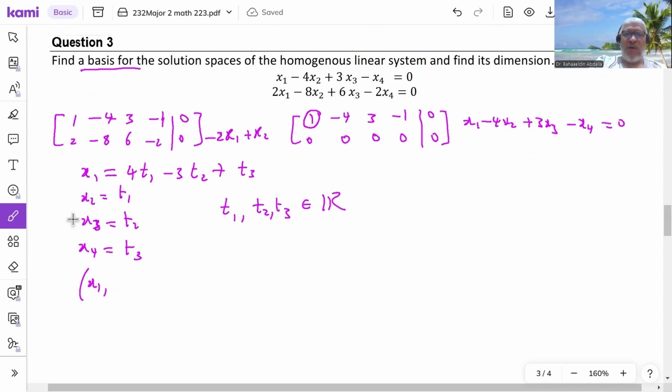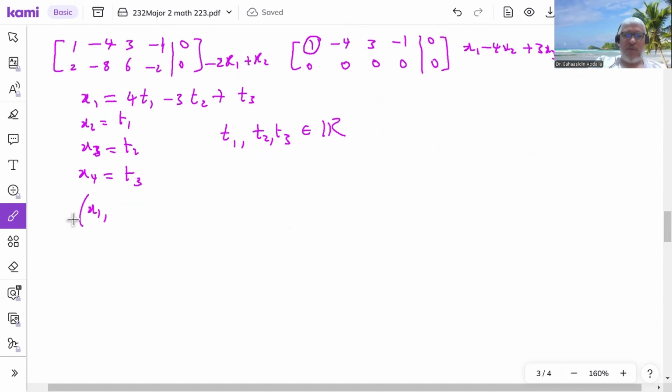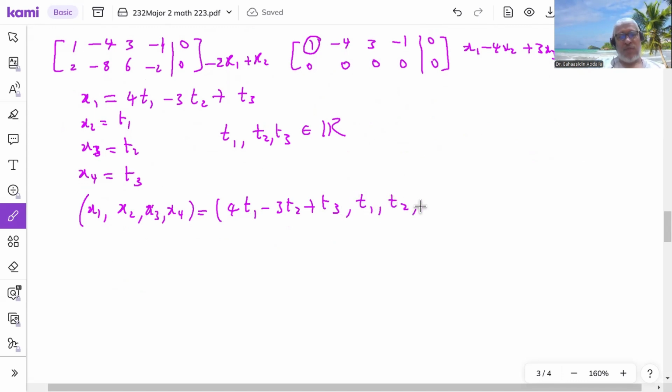We are in R4 here because there are 4 variables. We have x1, x2, x3, and x4. And x1 is 4t1 minus 3t2 plus t3. And x2 is t1, x3 is t2, x4 is t3.